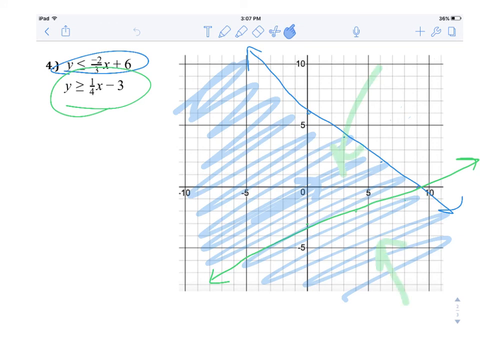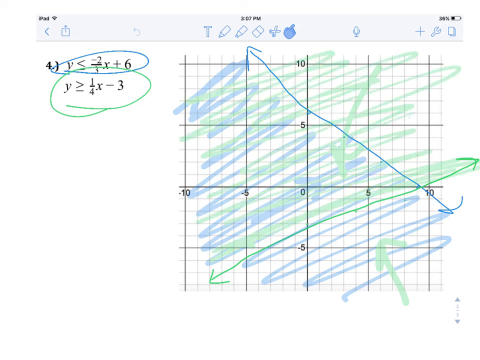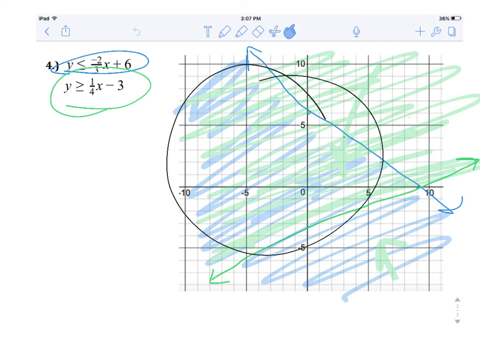This says y is greater than or equal to, so we are going to shade everything in the top part. The part that's overlapped is our solution area. Remember, the part that is overlapping here, this area right here, is where all your solutions would be located. So any of those ordered pairs would be an answer.